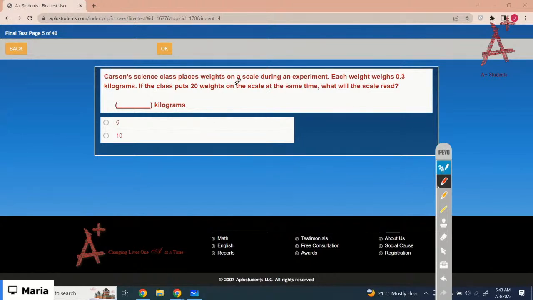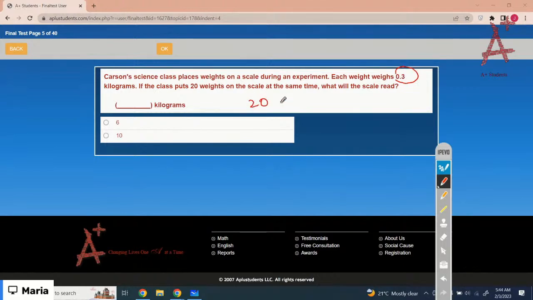Okay, Carson's science class places weights on a scale during an experiment. Each weight weighs 0.3 kilograms. If the class puts 20 weights on the scale at the same time, what will the scale read? So they place 20 weights.